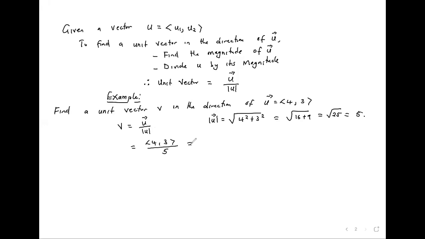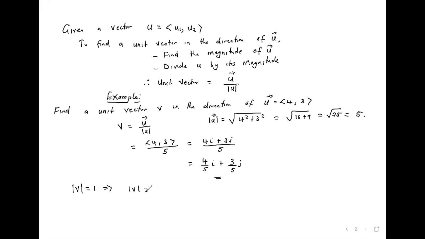This is a vector, which you can also write as 4i plus 3j over 5, which is the same as 4 over 5 i plus 3 over 5 j. This vector here is unit. A unit vector has its magnitude 1. Let's check. What's the magnitude of v?